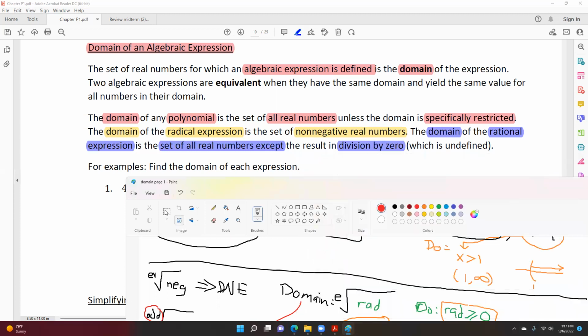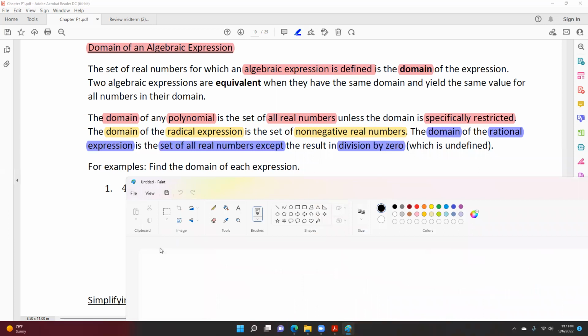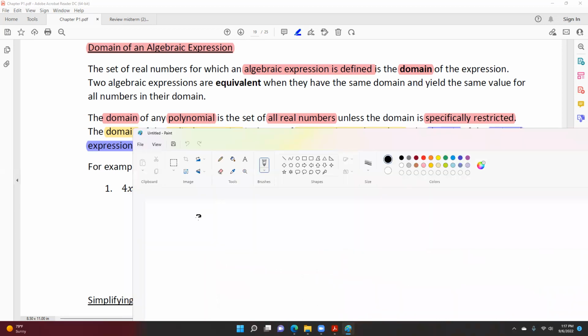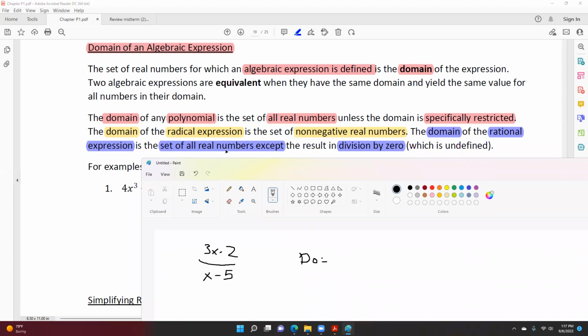So what is a rational expression? A rational expression is like a fraction, like 3x minus 2 over x minus 5. So this is a rational expression, and we need to figure out what the domain is. The domain is the set of all real numbers except where your denominator is 0, because we cannot divide by 0.